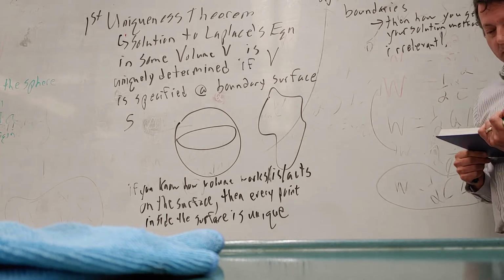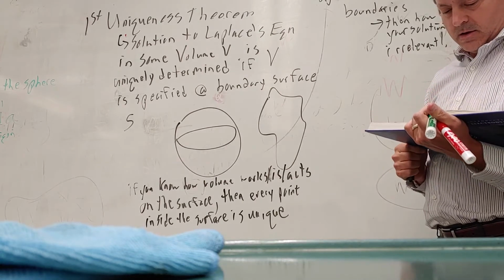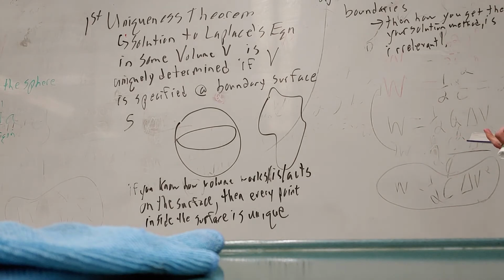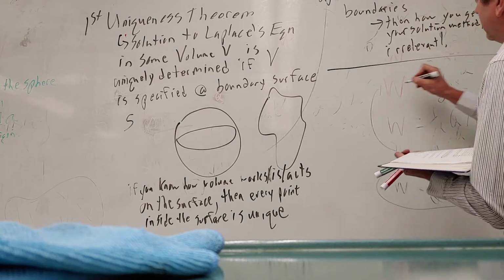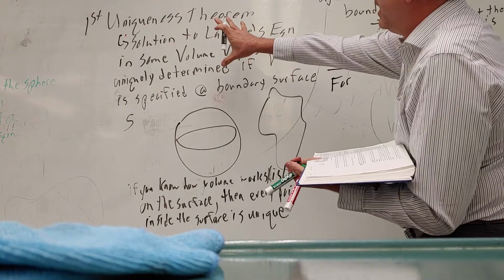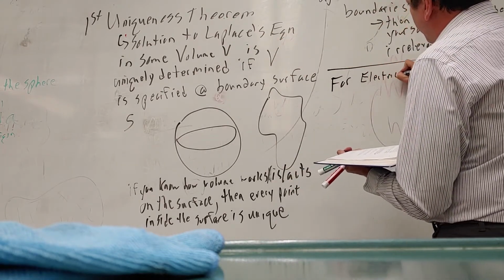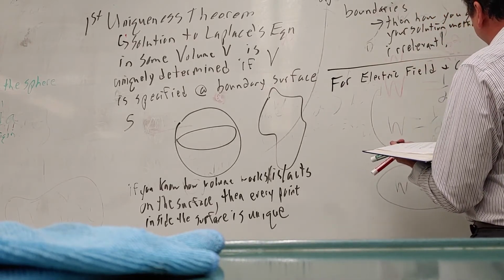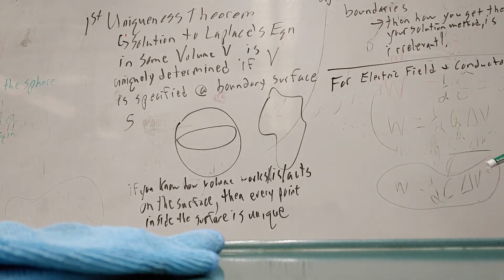The book goes through the method of images, which is what this really leads us to, which we'll do in class on Friday. With conductors, this is for potential. And this is for potential for electric field and conductors. Because, of course, with potentials, you can find electric field once you know the potential.